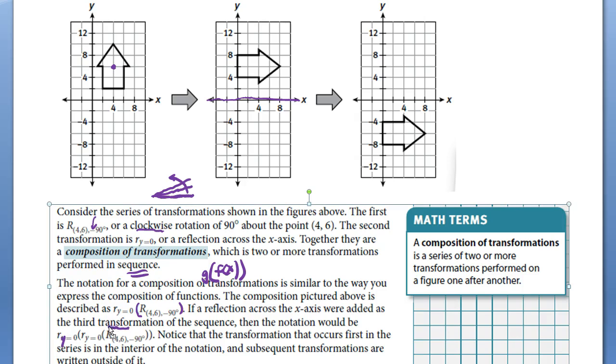It's almost like you can read this backwards to see the order that the transformations occurred. Notice that the transformation that occurs first in the series is in the interior of the notation, and subsequent transformations are written outside of it.